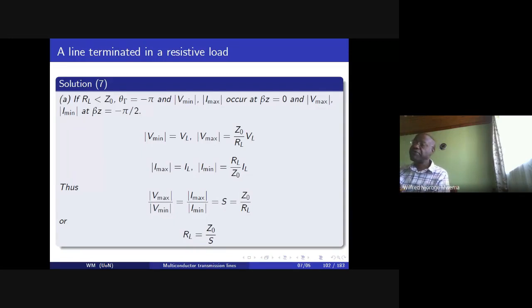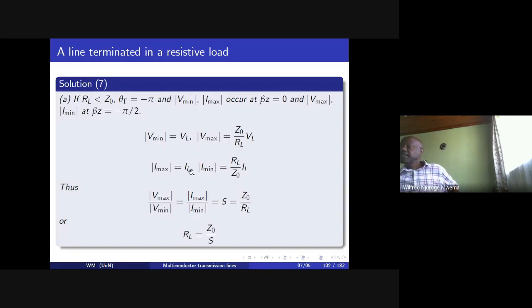That is, the minimum value of the line voltage must occur at the termination, and therefore it must be equal to the load voltage, the voltage across the load. The maximum value will occur a quarter lambda later and will be given as Z naught over RL times VL. This you can get from the expressions for the Vz and Iz that we have in terms of cosines and sines.